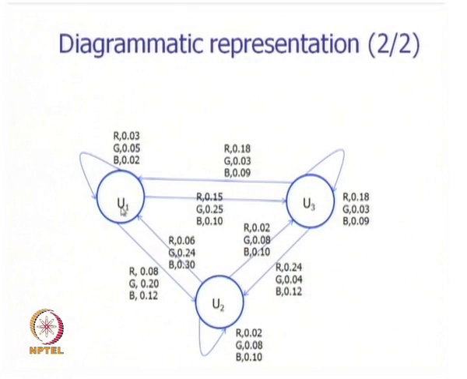All right. So, the slide shows other numbers also. Suppose I take this particular quantity g comma 0.08 adjacent to this arrow. The arrow direction is from U2 to U3, the label is g, that is green ball, and the probability is 0.08. So, what it all means is that the probability of producing a green ball from U2 and then going to arm U3 is 0.08.